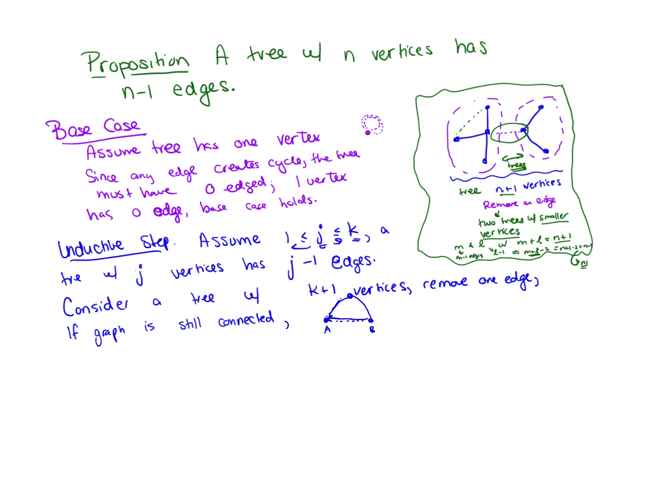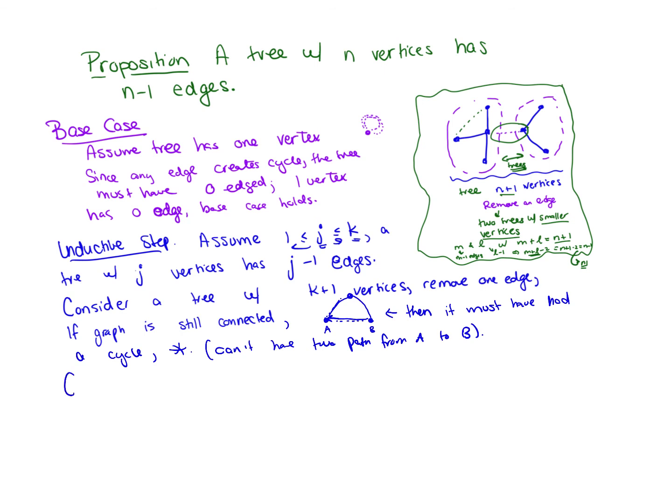So if it was still connected, then it must have had a cycle, and that's a contradiction. So I can't have two paths from A to B, because then I get that cycle. So when I remove an edge from A to B, I must get a disconnected graph.